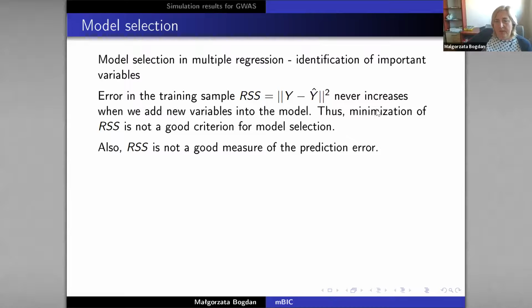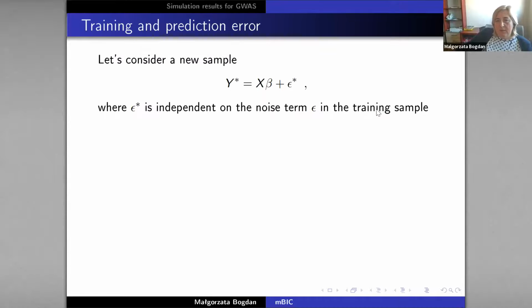So what could be the purpose of building your model? Well, you might want to have a good prediction error. So let me define in this setup what I mean by prediction error. Let's imagine that I have the same x, fixed x, which I had in my training sample, but I now have a different sample of the errors. So I repeat my experiment, and now I have different epsilons, different error terms.